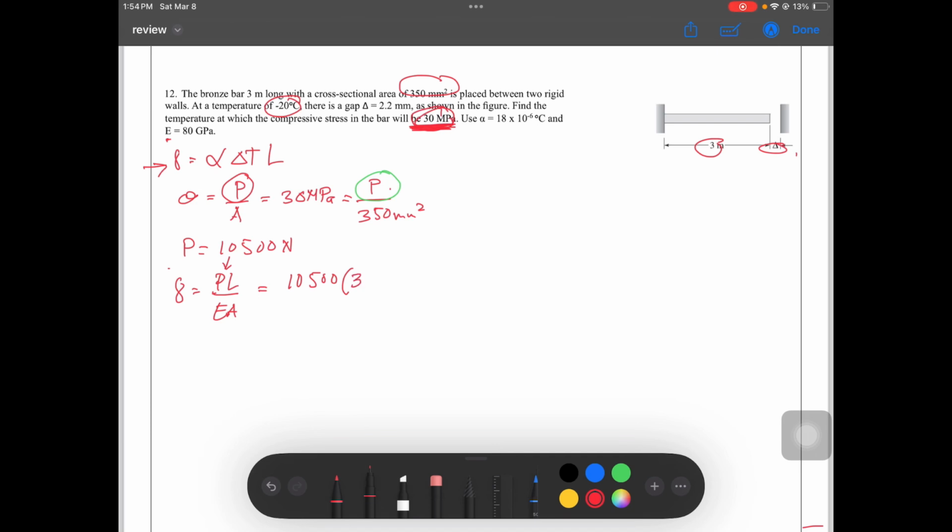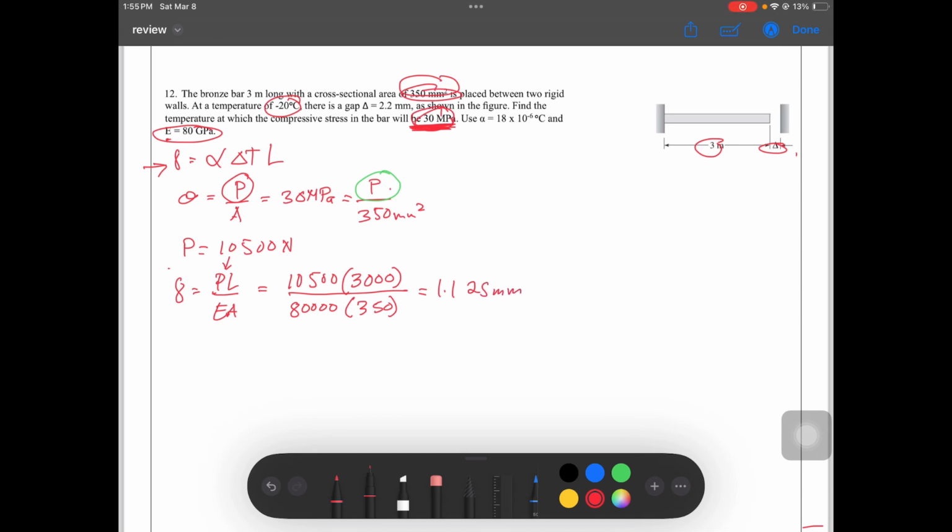So, gawin nating mm para consistent sa unit. And then E is given, it is 80 gigapascal. Paano natin magagawang megapascal? Edi, mag-times ka ng 1,000. So, 80,000 MPa na yan. And then, area is 350. So, our deformation is equal to 1.125 mm.